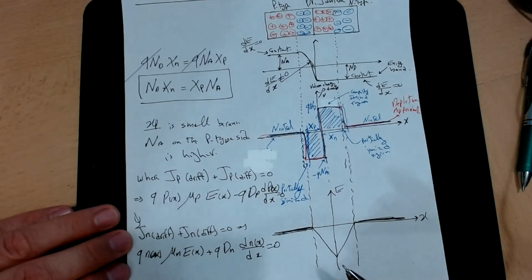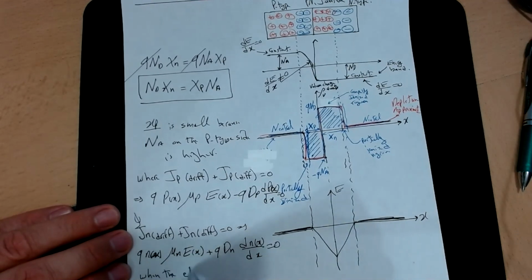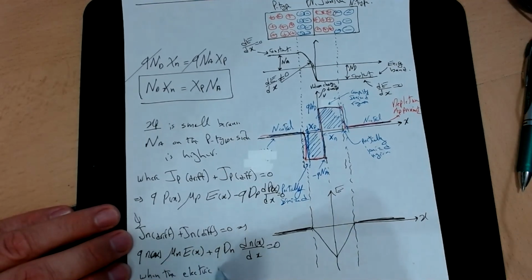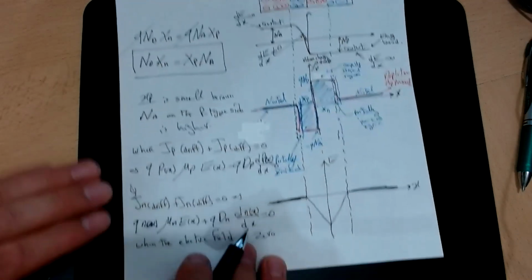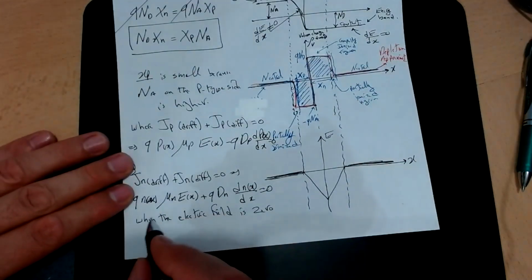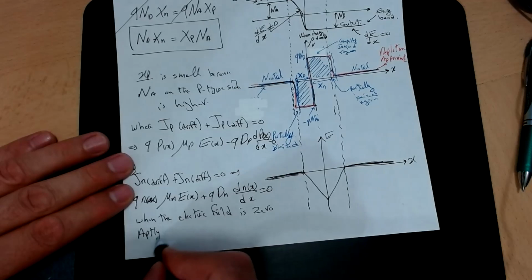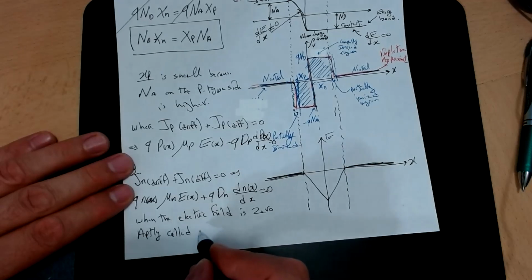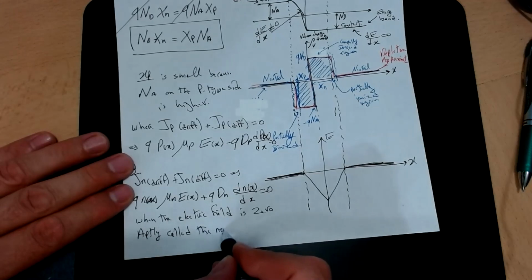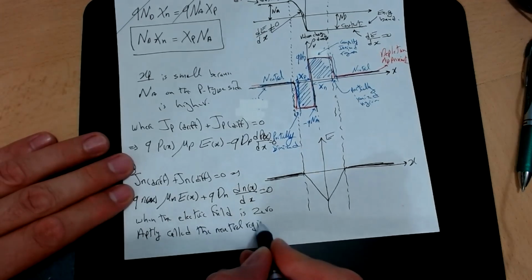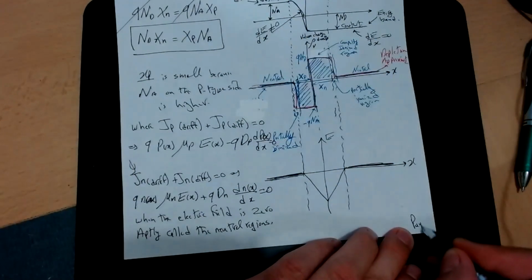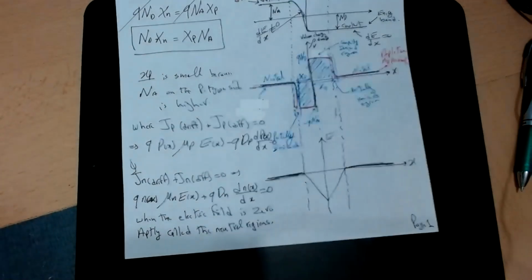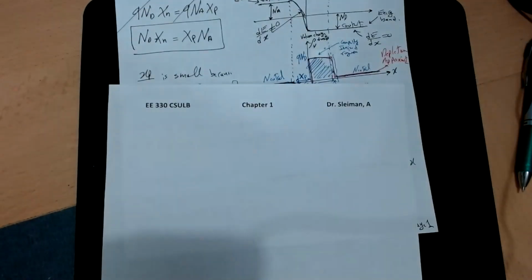So when the electric field is 0, these are aptly called the neutral regions. This is page 1, page 2.